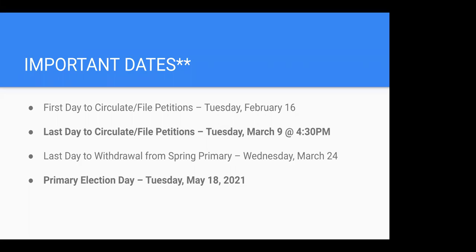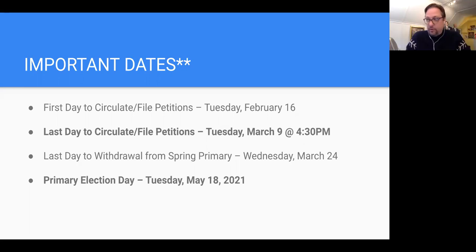If there are problems and you show up at 4 o'clock on March 9th, you're not going to have time to fix it. I know a woman in Delaware County who got into a fender bender on her way to the elections office, and by the time she got it resolved, they had closed on the last day. So always err on the side of caution, and get your stuff in as early as possible to avoid the pitfalls.